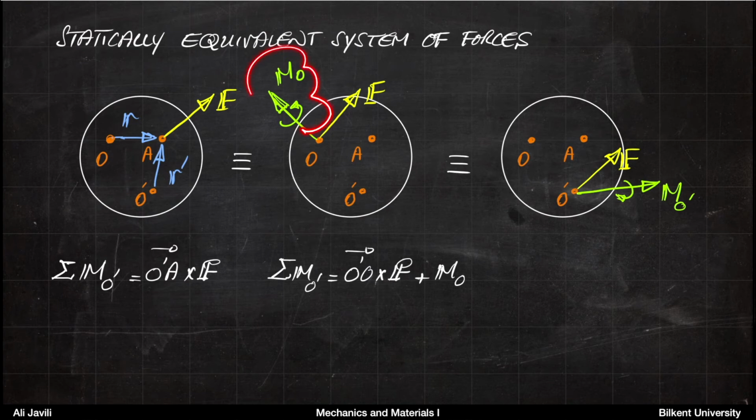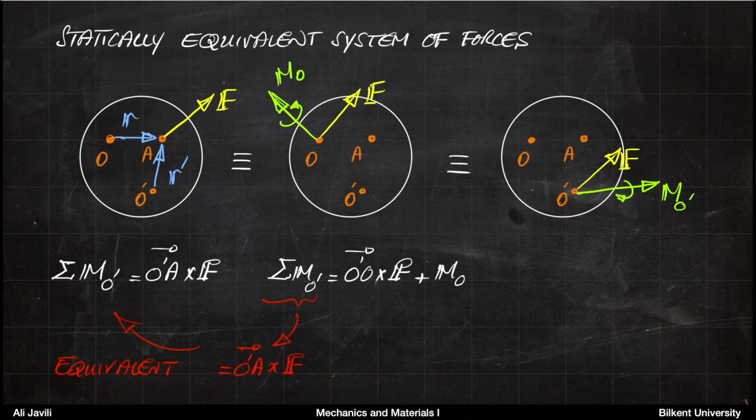If you don't add that to the system, then the two systems are not in equilibrium, because you can see the moments would be different. So to impose equilibrium, or to impose equivalence between the two systems, you need to say that the resultant moment with respect to O prime in the second system is equal to the resultant moment with respect to O prime in the first system.